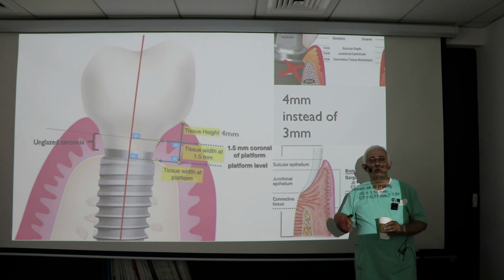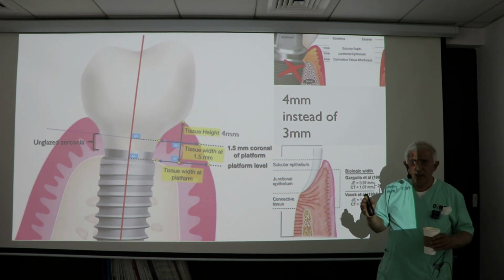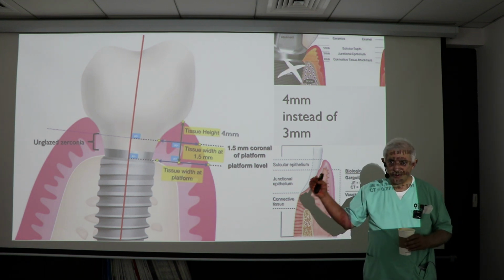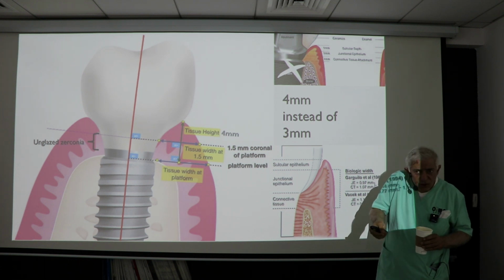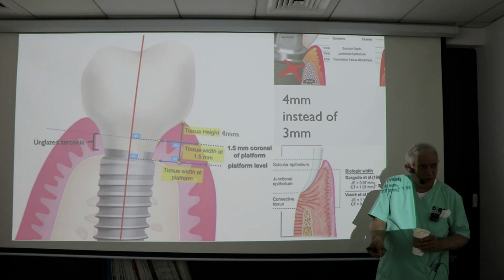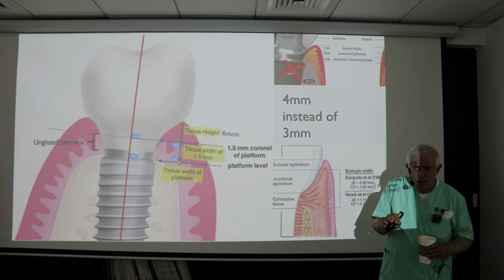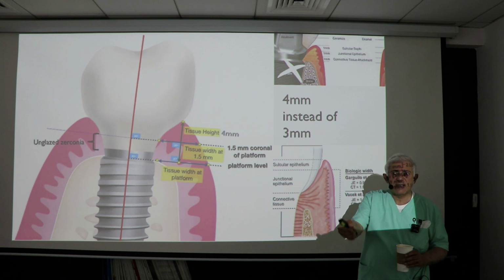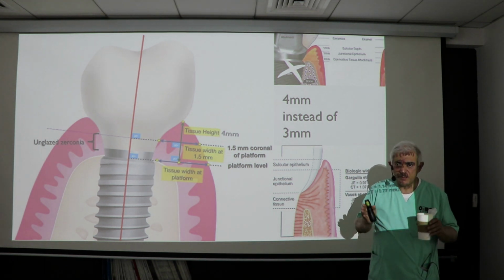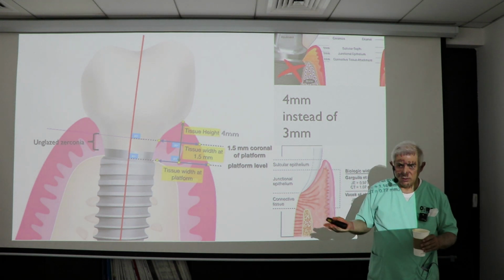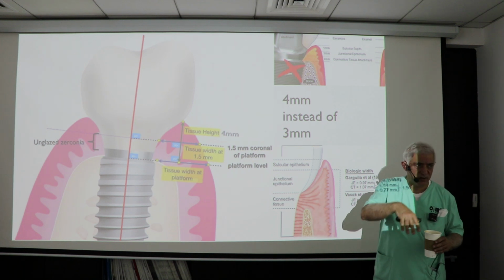Those implants that cause bone loss to the first thread, for example the Straumann and all that, did not have platform switch. So now we are talking a language of 2023, 24, 25, these 2 years or 1.5 years, where we do not accept implants without platform switch. We do not accept the Straumann soft tissue level in this concept. They don't work unless you want to do overdenture or something.